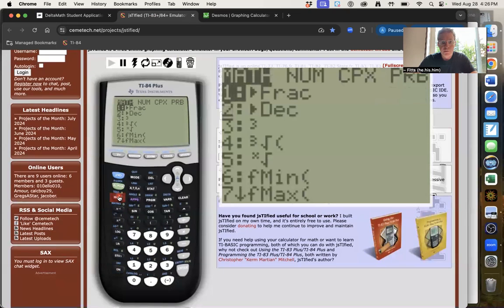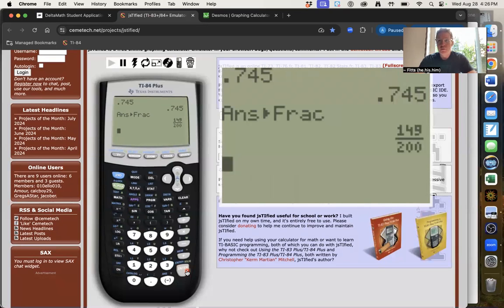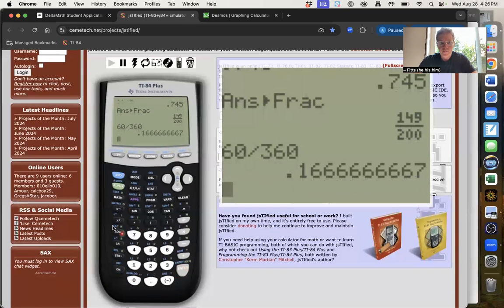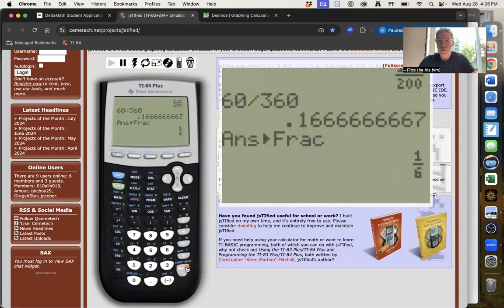And then if you hit this little math button, number 1, it simplifies it for you. It works for fractions too. Like if you said, I don't know, 60 divided by 360 and hit math 1, it simplifies it for you. That's a nice tool.